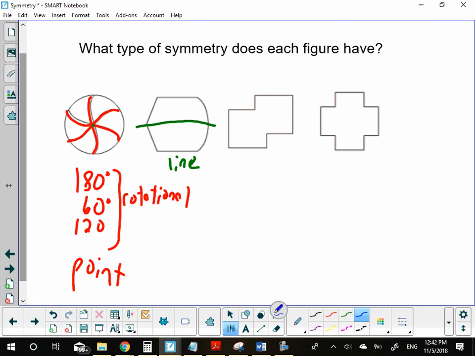Okay. How about the third one? What do you see in that one? Line going through where? Horizontally like that. It's not quite going to work because this is smaller than that. Diagonally, like from here? No. Like here? No. That's still not going to work. I'm going to be flipping over like that and it's not going to quite fit.